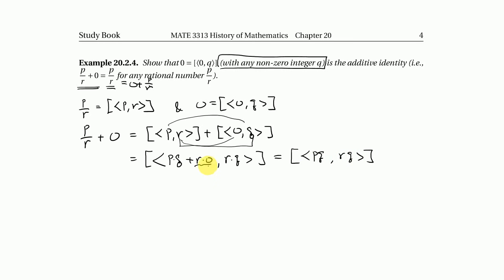Because that is 0. So it's the same as pq over rq, which is a good way to look at it. But if we make it the simplest form, then it's going to be p over r. We got the exact same results. And please show the other part by yourself.